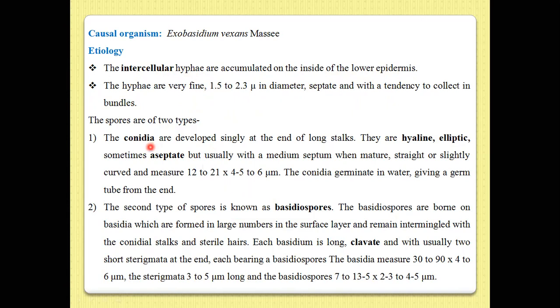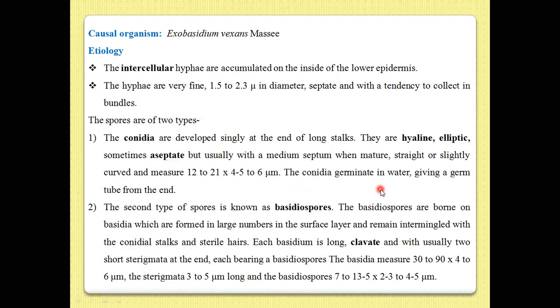These conidia are always hyaline, elliptical, or sometimes septate, and are generally produced on the infected epidermis layer of the leaf or maybe other parts of the plants.